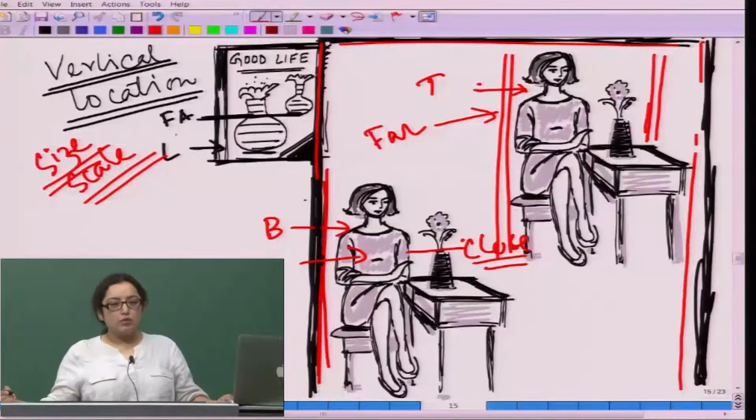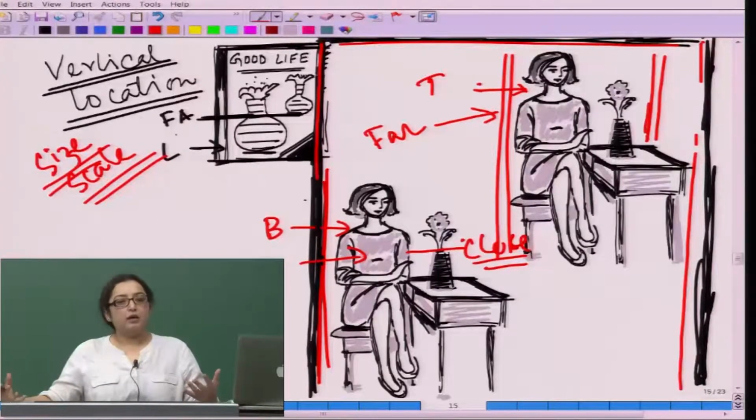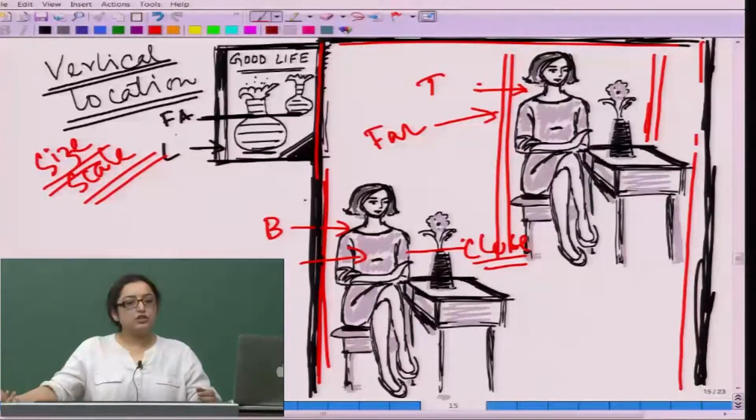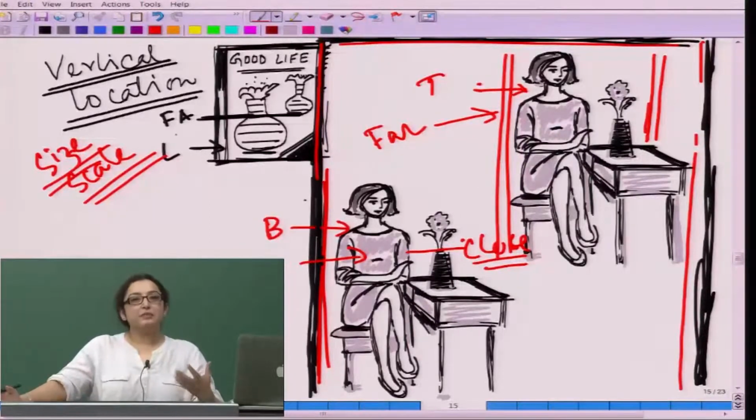So, that is one way we create compositions, by considering the vertical location, how we are placing the object, and as it goes in the vertical order, the space starts looking deeper.